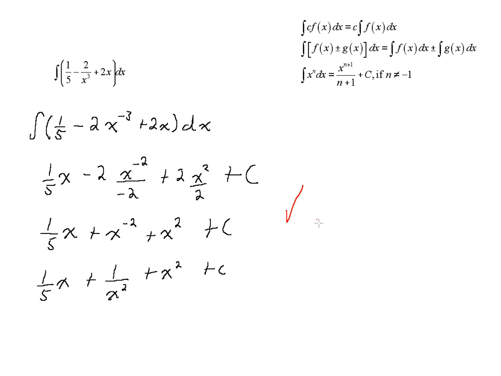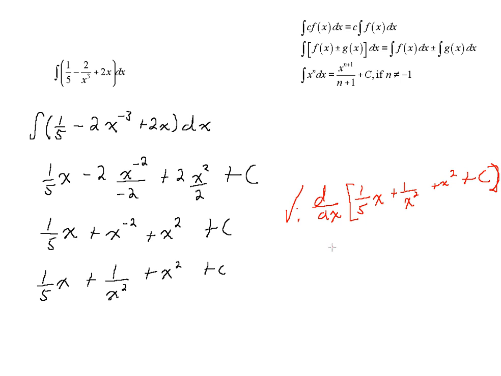So when I say check, I'm just going to put this check by there. So I'm going to take the derivative. So d/dx of 1/5 x plus 1 over x squared plus x squared plus constant c. So the derivative with respect to x of 1/5 x is just 1/5.